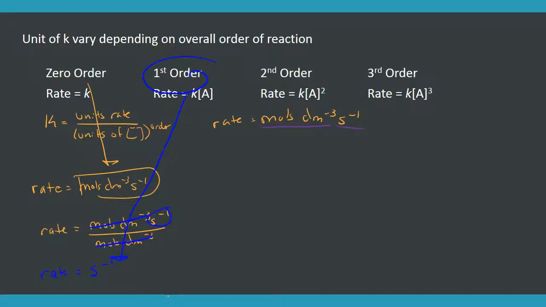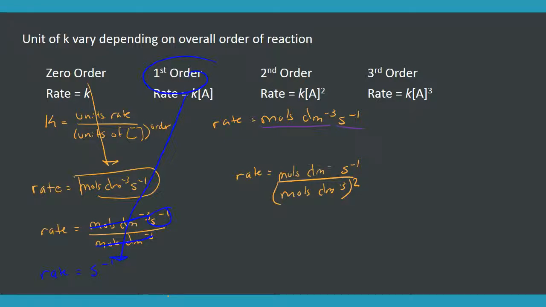Okay, looking at second order, K equals moles per decimeter cubed per second over moles per decimeter cubed, and because it's a second order reaction, we have to square it. So this gets a little bit trickier. Okay, so we need to cross out commonalities.